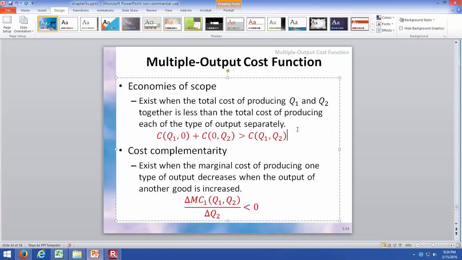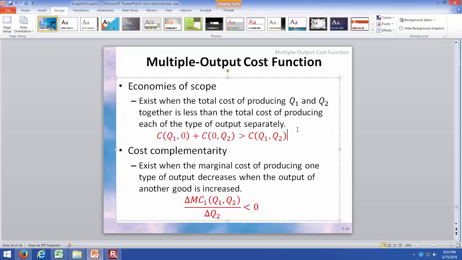You have a regular hospital where you admit patients. You also have an emergency room. The benefit of having both together is that you have perhaps economies of scope, and you're actually bringing down your cost rather than having each one separately. So having the ER separate from the hospital would actually increase your cost. That's one example of that.